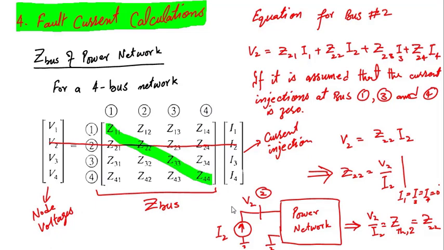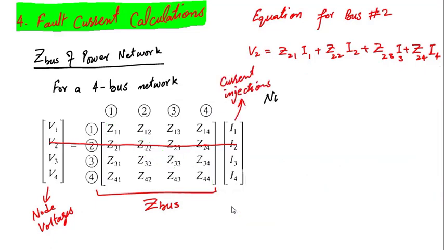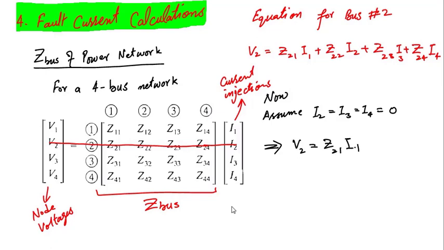After discussion of these diagonal entries, let's move towards the discussion of the off diagonal entries. What is meant by these off diagonal entries? In the same equation, now if we assume that the current injections at nodes 2, 3 and 4 are equal to 0, and we have a current injection at node 1 only, this equation will become V2 is equal to Z21 into current I1.